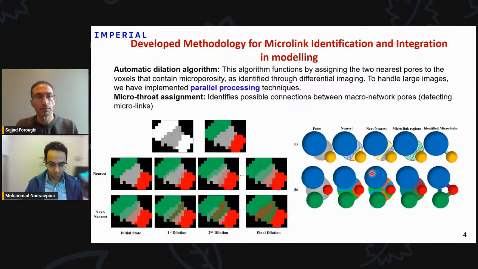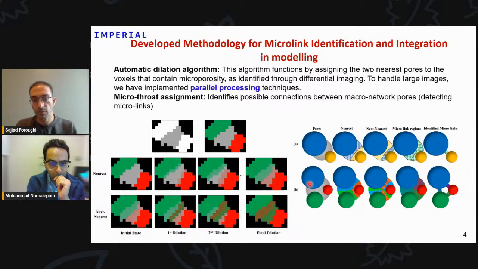The process of the microlink is presented here. For example, how does the dilation algorithm work? These are two pores, and this is the microporous region between them. We assign the nearest pore and then the next nearest pore, and by combining them we can find a microlink between two pores.